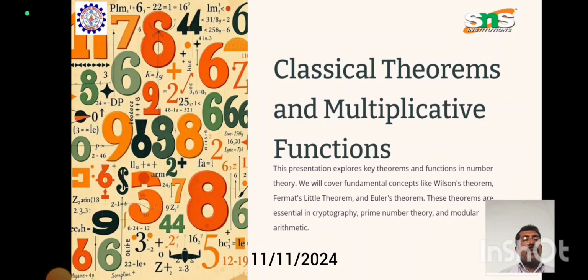From those ideas we can easily find the remainder of very huge values using the relations given by them. These theorems play a wonderful role in cryptography, because in cryptography we work more with number theory and especially on prime numbers.